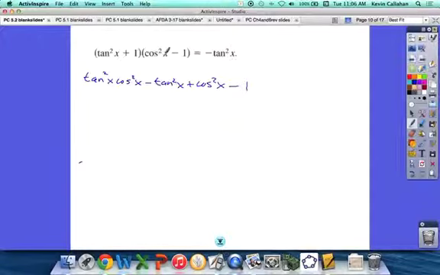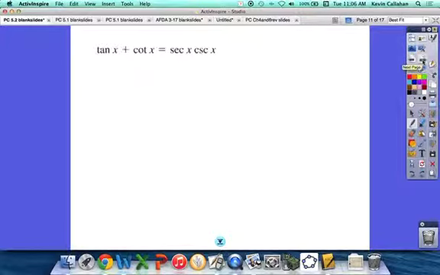So, I mean, I would have gotten to this step right here and said, I'm not sure what to do next. Let's go back to the drawing board and then maybe look at what you did. I think that's what we should have done. We should have said, oh, what happened there? There it is. Right, so this would have been secant squared x, and this would have been negative sine squared x.